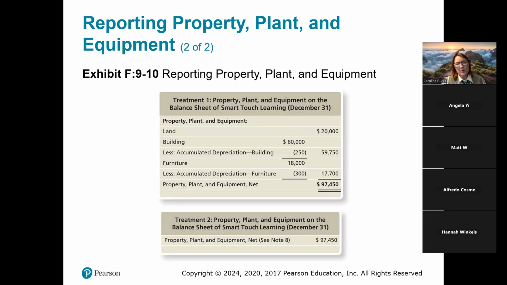So you can do it like this: building, less accumulated depreciation; furniture, less accumulated depreciation. Or you can say property, plant, and equipment, one number. It can be this simple.